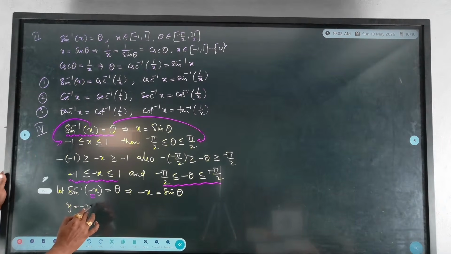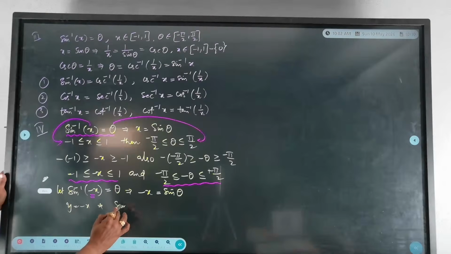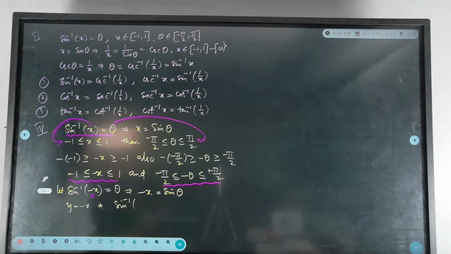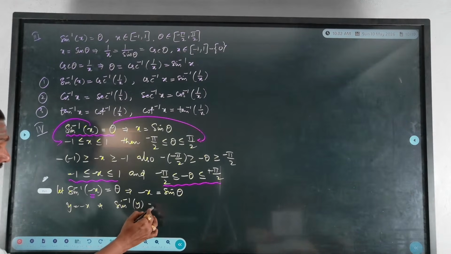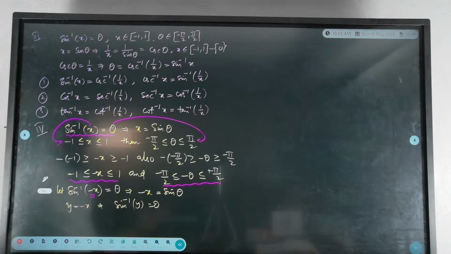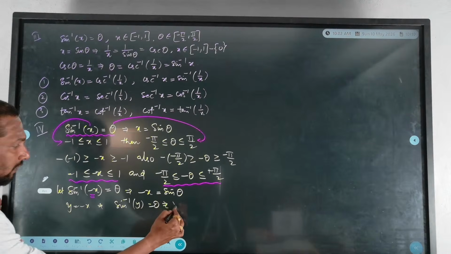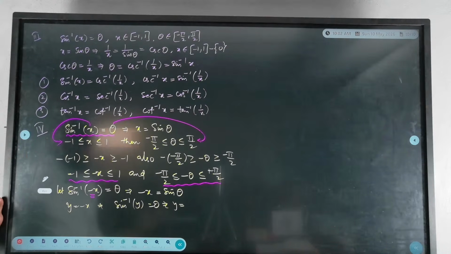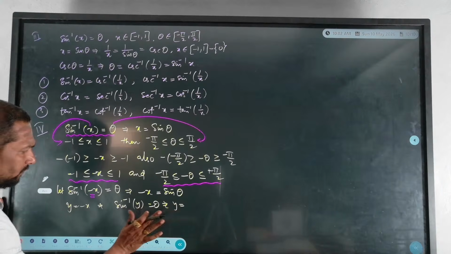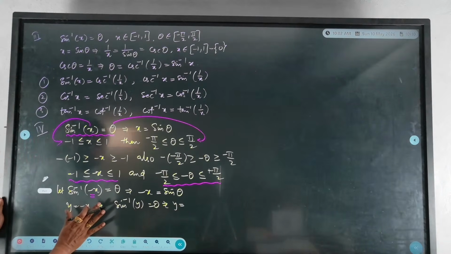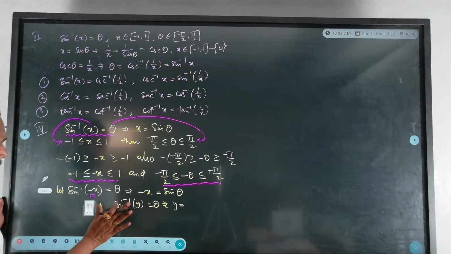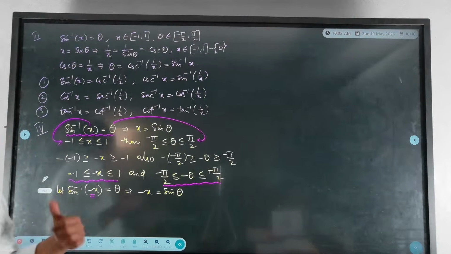Let y is equal to minus x. That implies sin inverse y is equal to theta. So y is equal to sin theta.